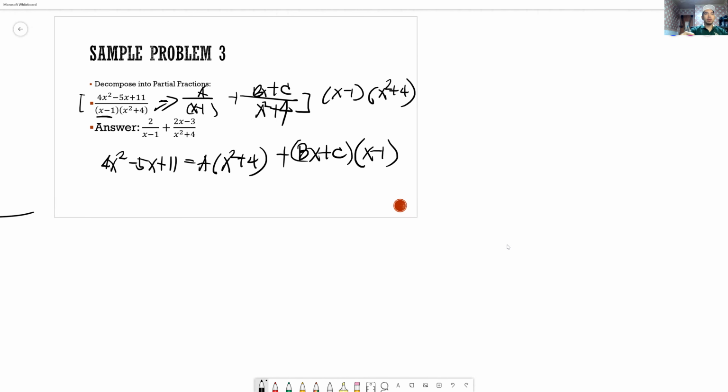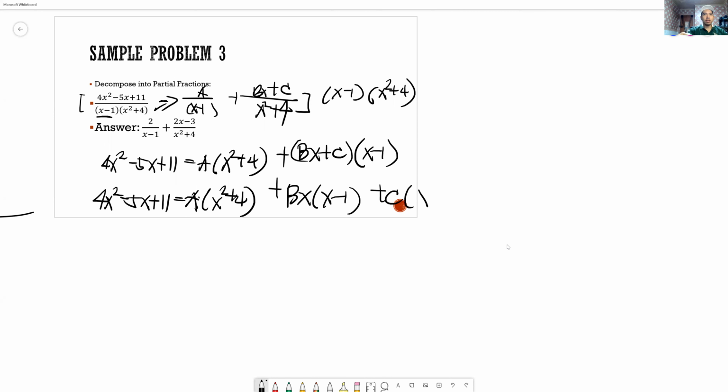So for this case, to make it clear, we can write this as 4x squared minus 5x plus 11 is equal to a times x squared plus 4 plus bx quantity x minus 1 plus c quantity x minus 1.